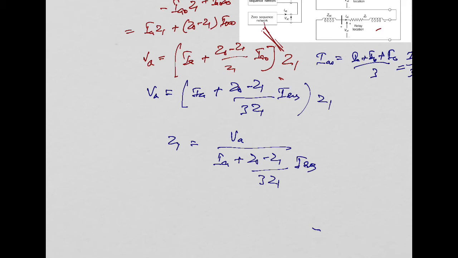In the above equation you will see that Z1 appears on both sides of the expression, so it is actually a mixed type of expression. In actual practice there is a definite relationship between Z0 and Z1.